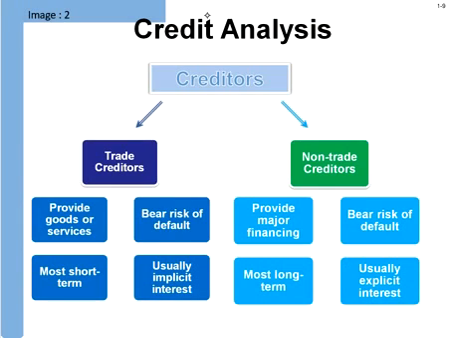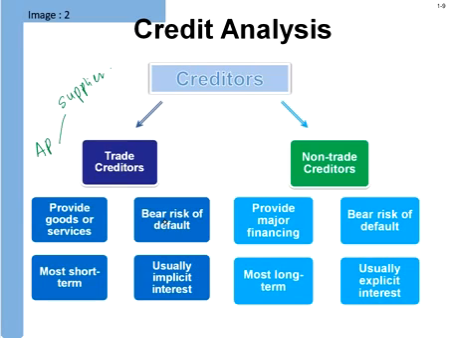Tengok ni. Okay, so trade creditors ni provide goods or services. Inilah our AP lah, account payable, which is your supplier. Okay, provide goods or services. Barriers of default, usually implicit interest, most short term.